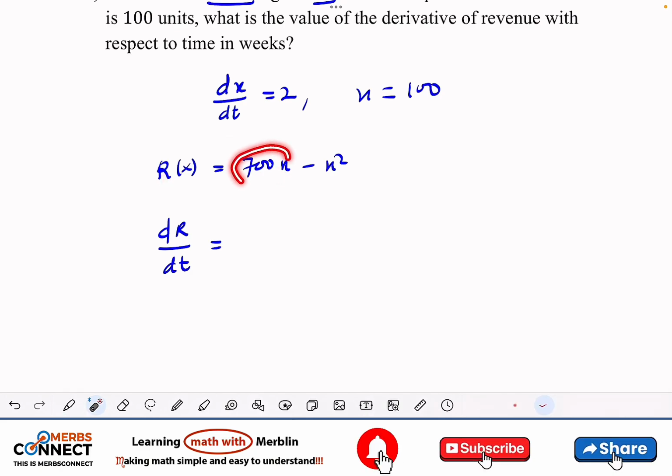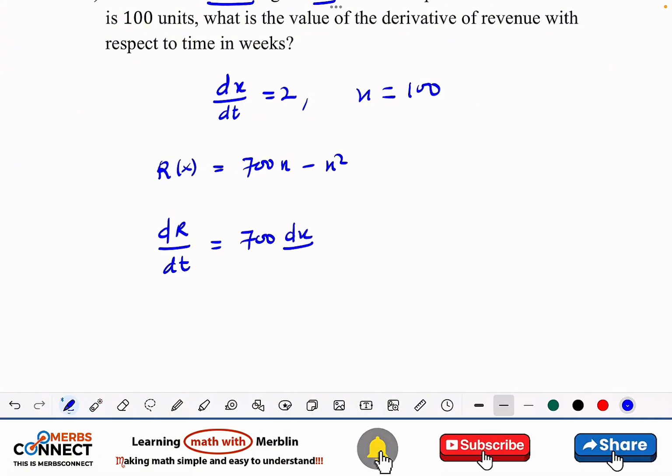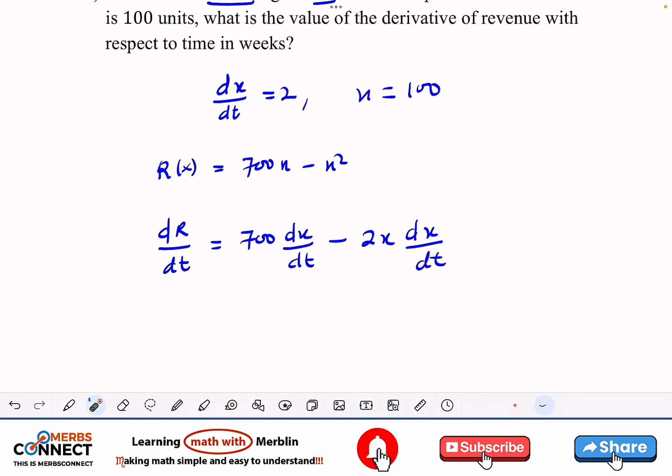When I differentiate 700x, I'll have 700 dx over dt. Minus, when I differentiate x squared, I'm going to have 2x dx over dt, because we are differentiating with respect to t. So when you do the normal differentiation of x squared, you get 2x, but you need to multiply by dx over dt. The same thing applies to this one too.